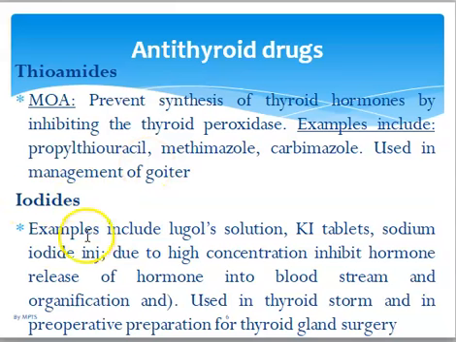Iodides, such as Lugol's solution, potassium iodide tablets, and injections, are used in high concentration to inhibit hormonal release, because you know when there is high concentration, there is negative feedback, and they inhibit organification. Of course, they are used in thyroid storm and in preoperative preparation for thyroid gland surgery, even with radiation therapy.